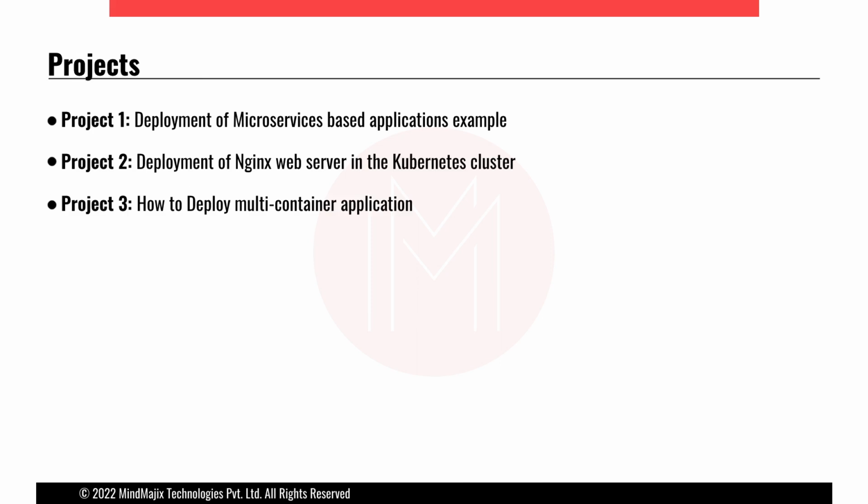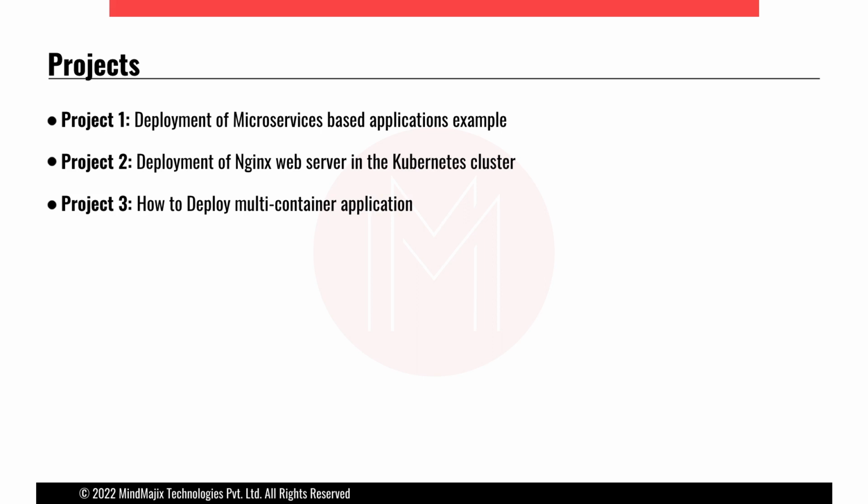Then we'll have projects also. We'll be deploying a microservice-based application in Kubernetes with a database configuration and all the other features like Kubernetes secret, config map, and volumes. Then we'll deploy an Nginx web server and showcase how a web server works in Kubernetes using Nginx.